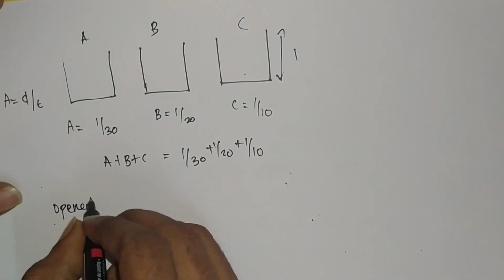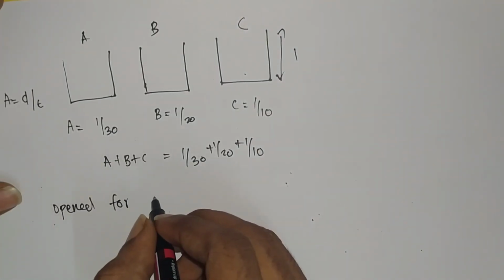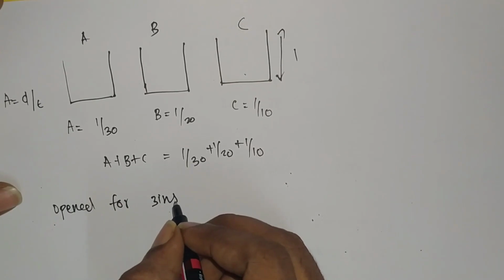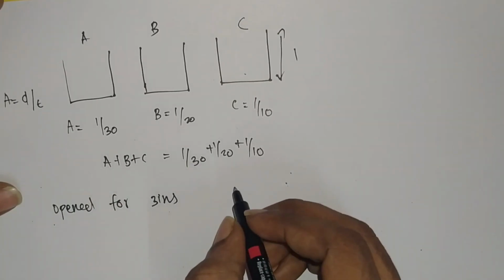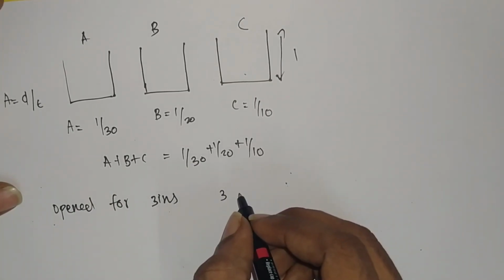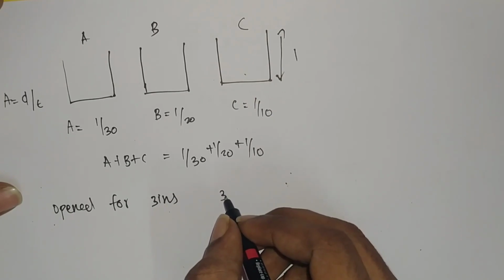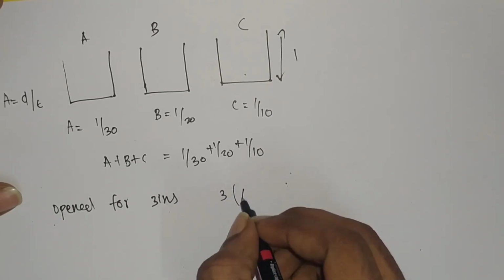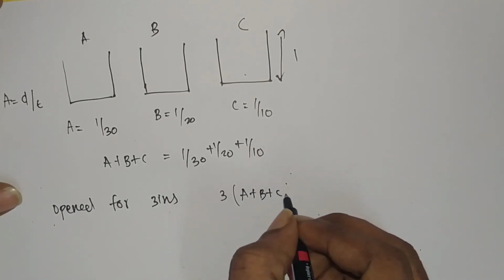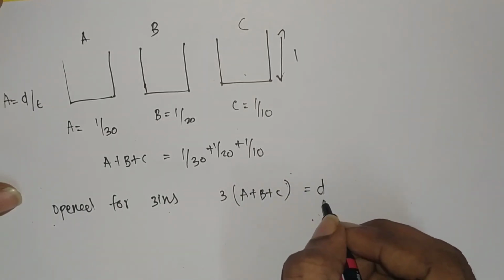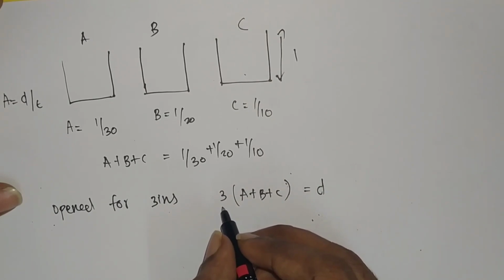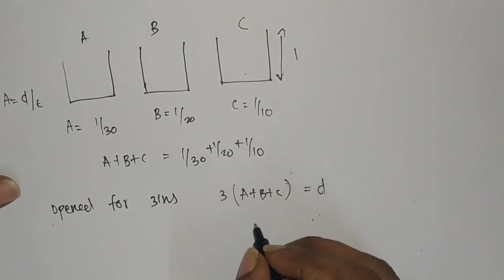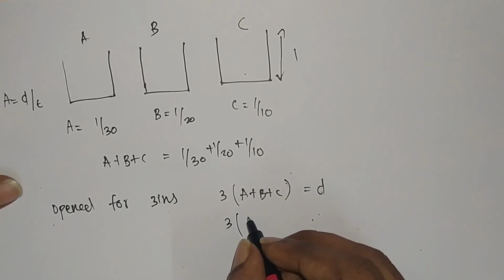Now we know all the pipes have been opened for 3 minutes. So the amount of water filled by A, B and C together in 3 minutes is 3 into (A plus B plus C), which is equal to D. The above equation comes from substituting into the formula speed into time equals distance.